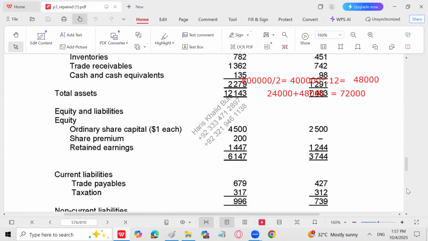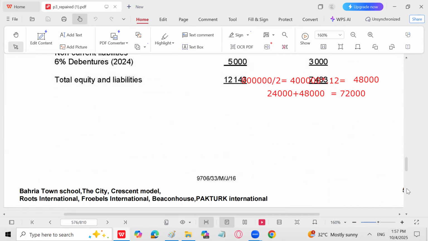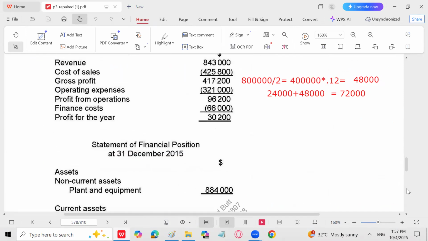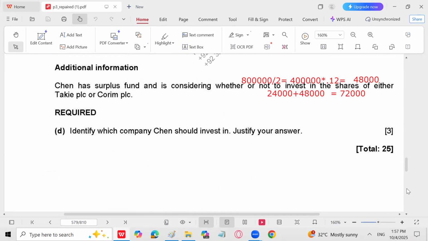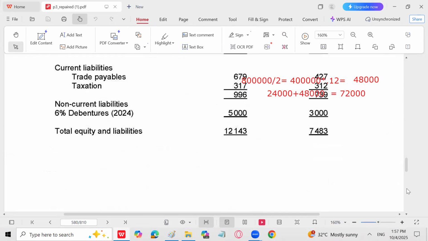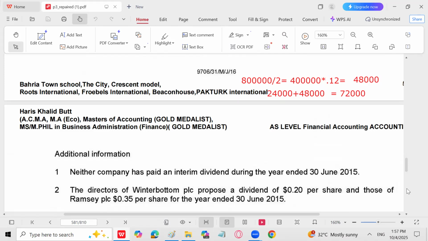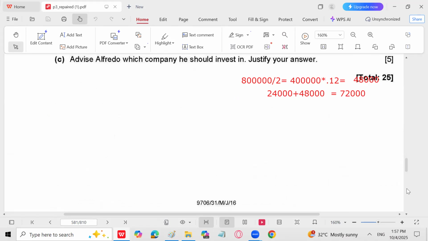Then May, June 1633. Then May, June 1632. These are quite easy, simple questions. Then May, June 1631. So all questions like May, June 1631, 1632, and 1633.